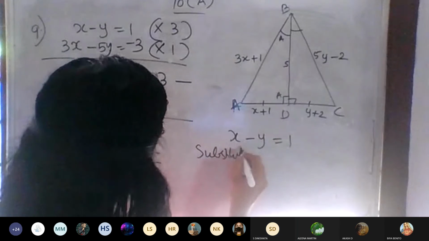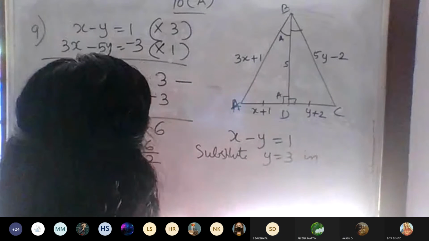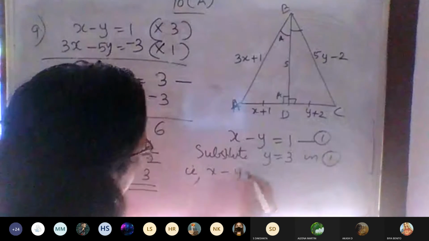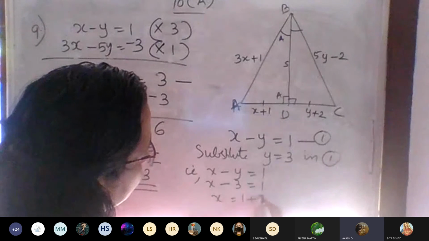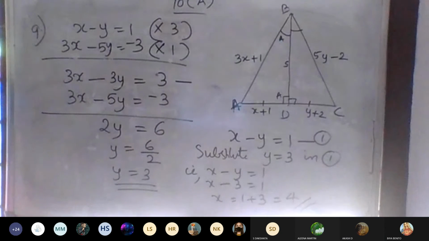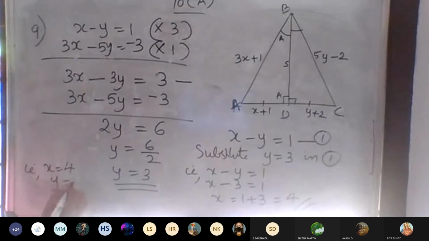Substitute y is equal to 3 in equation number 1. Therefore x minus 3 is equal to 1, x is equal to 1 plus 3, that is x is equal to 4 and y is equal to 3. X value, y value we got.